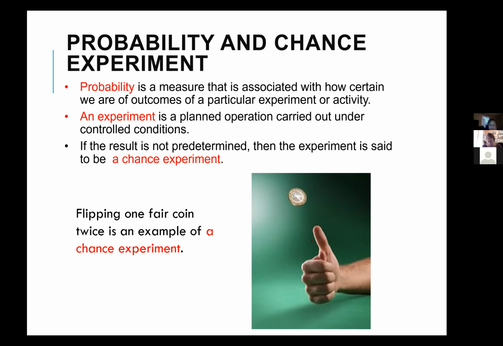And it can be as simple as shuffling that deck of cards and pulling out a card, or flipping a coin, or it can be as complicated as looking at the growing rates of different corn varieties in a field in Oklahoma.